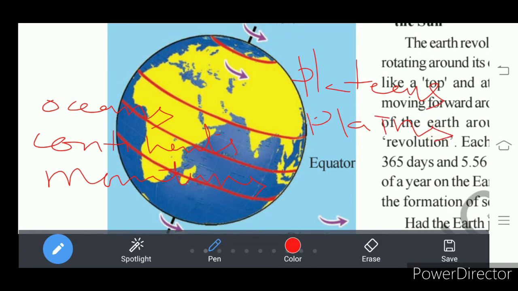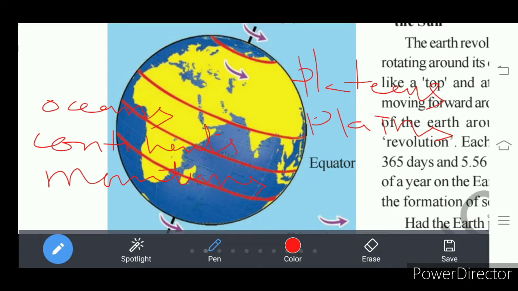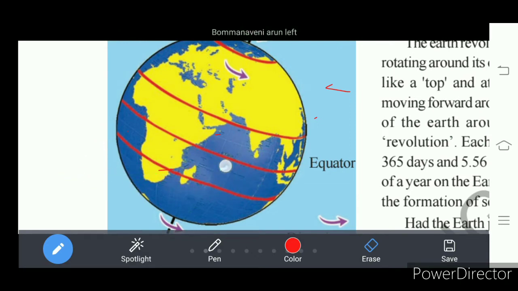These all are variety aspects, physical reliefs of the earth. As these all are present, we call earth is full of diversities. There are many diversities on the earth.